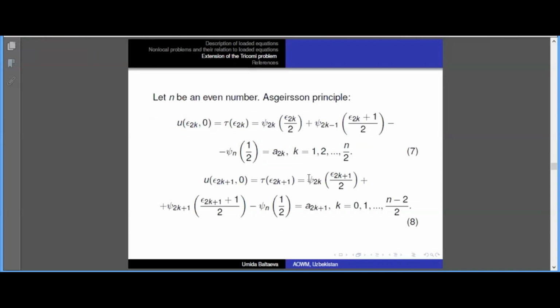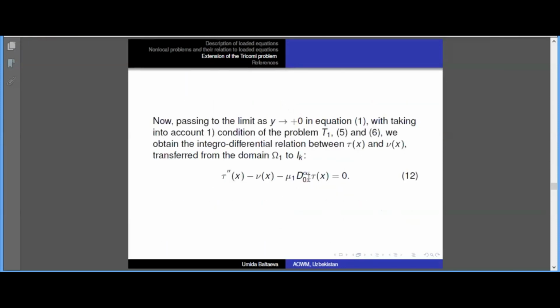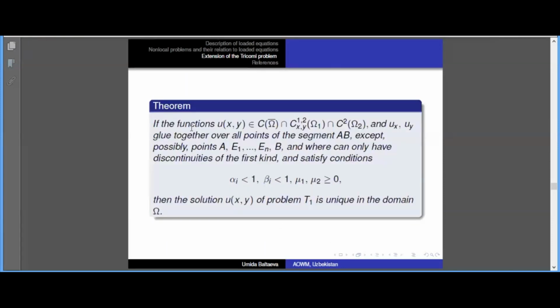First, I would like to state our results. Here is the main result. If the function u(x,y) is in this class and u(x,y) is glued together over all points of the segment AB, except possibly this point, and can only have discontinuities of the first kind, and satisfies this condition, then the solution u(x,y) of the problem T1 is unique in the domain omega.